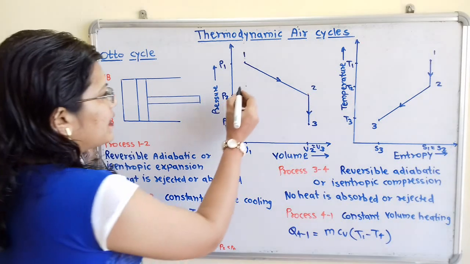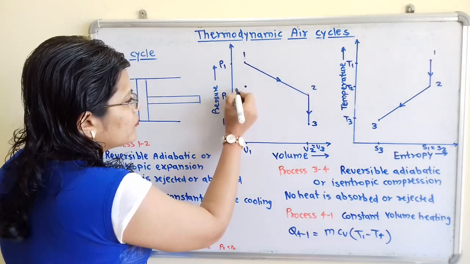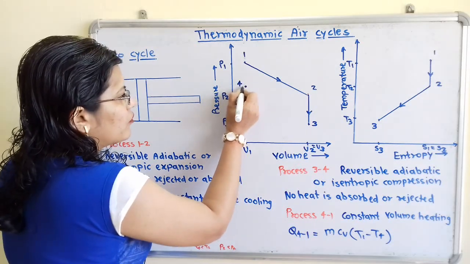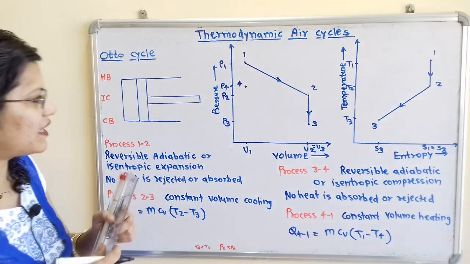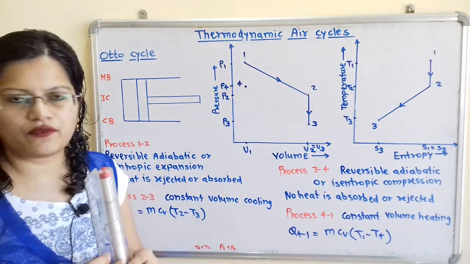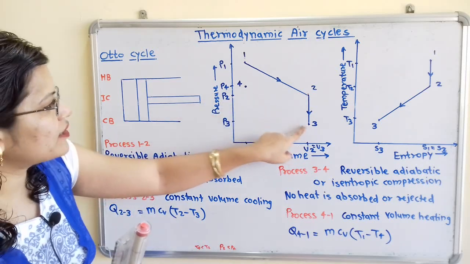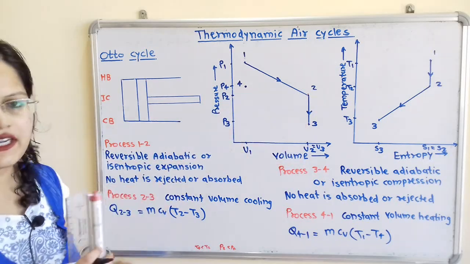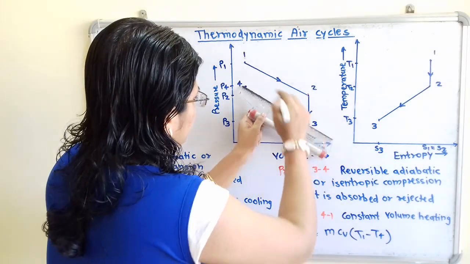That means P4 should be slightly greater than P2. So here will be our point 4, and this condition should be satisfied. If we compare point 3 and point 4, pressure is getting increased and volume is getting decreased. So we will join these 2 points.